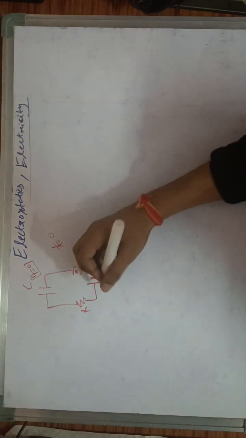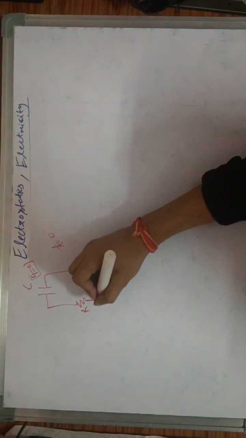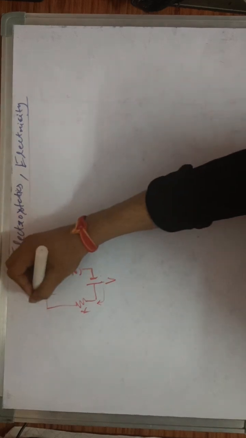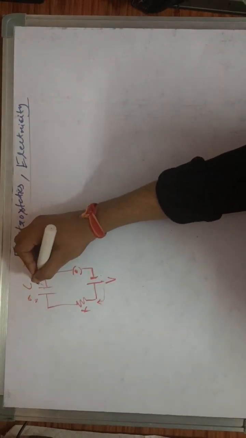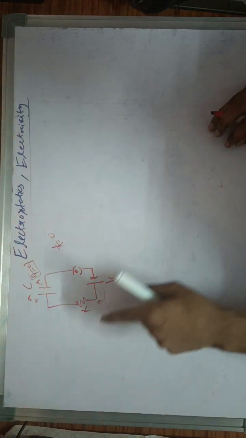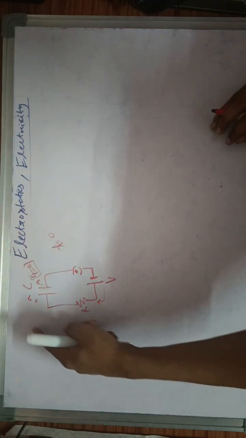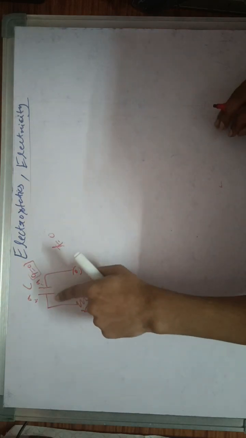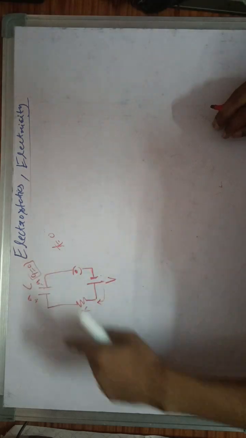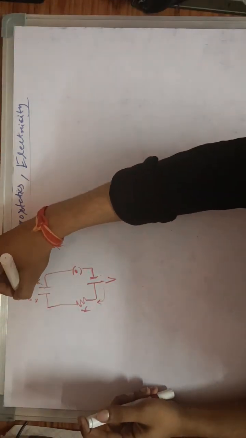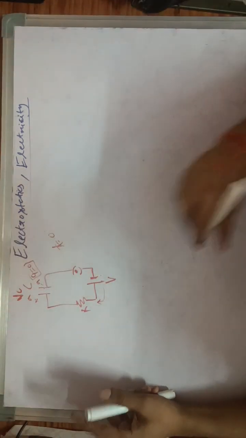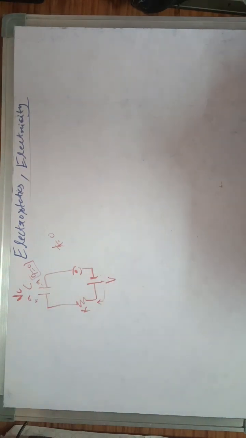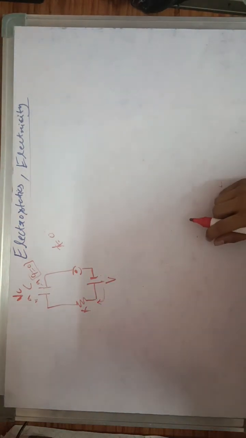Then what happens is that current will start flowing in this direction from the positive plate, and some positive charge will be stored here and some negative charge will start storing here. The charge will keep increasing on this capacitor, and the potential developed across this capacitor, let's call it VC, will oppose this current and reduce the amount of current with time.